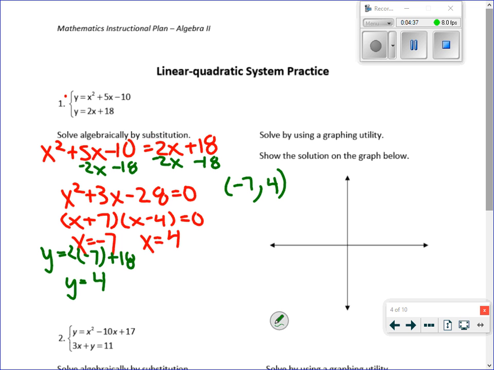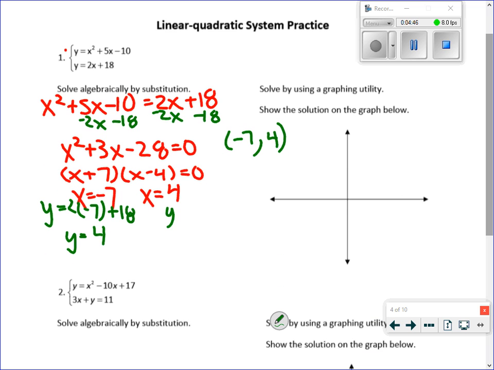Remember writing that as an ordered pair. And then I'm going to do the same thing for when my x is 4. So what is our y value when x is 4? Good. So my other point is 4, 26. So at those two places, that line and that quadratic are intersecting.